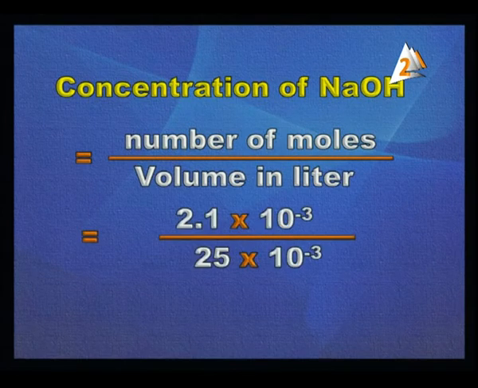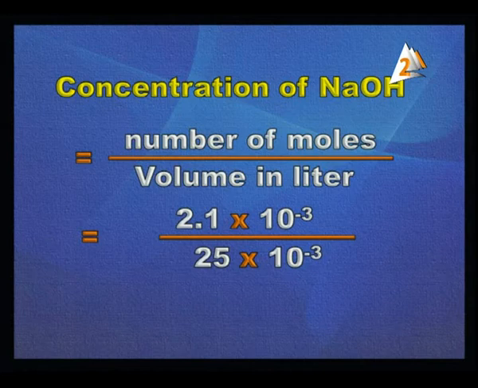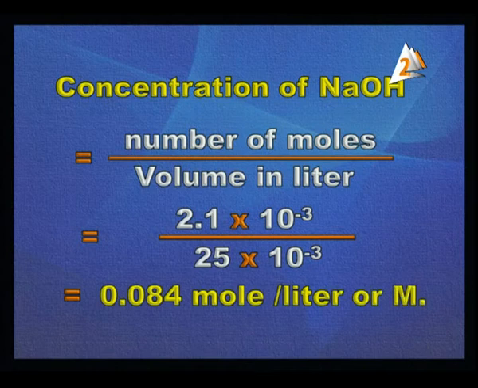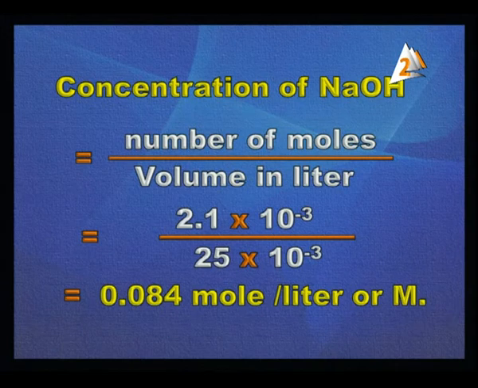Take care, this is the law. What is the number? 2.1 by 10 power negative 3 divided by 25 by 10 power negative 3. So the answer is 0.084 moles per liter or M. So capital M means here mole per liter.